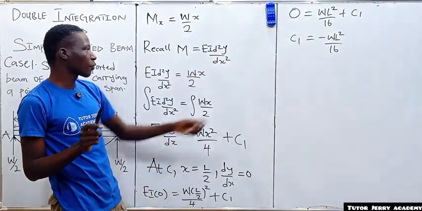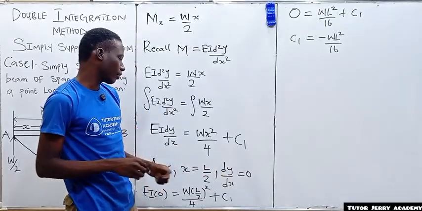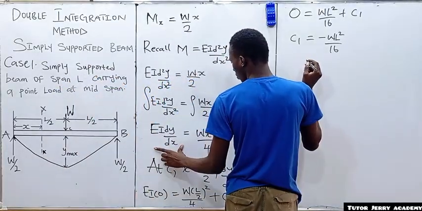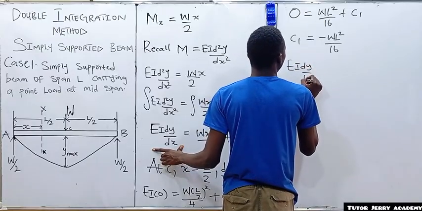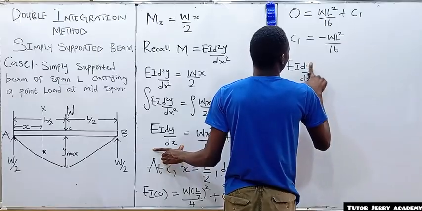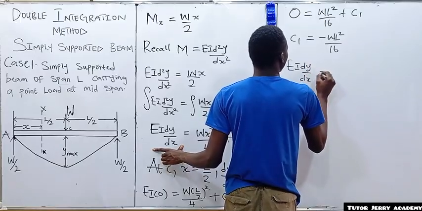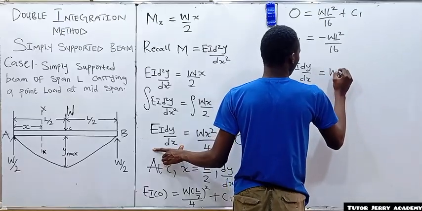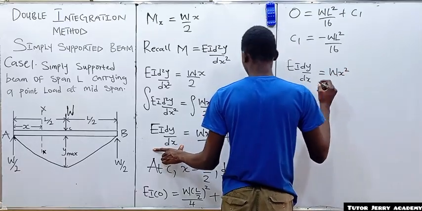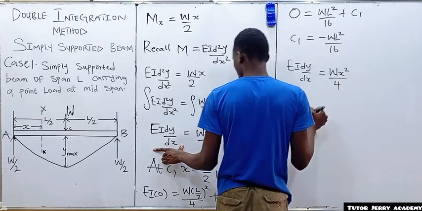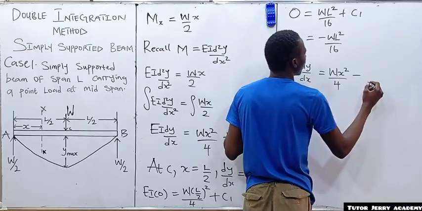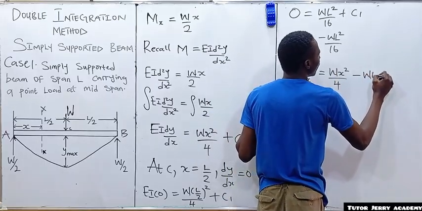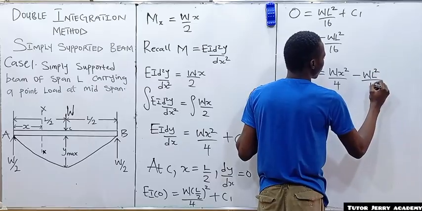So now we'll substitute the value of C1 back here. All right, so this implies that we are going to have EI dy over dx equal to W x squared all over 4 minus our value of C1, which is W L squared all over 16.